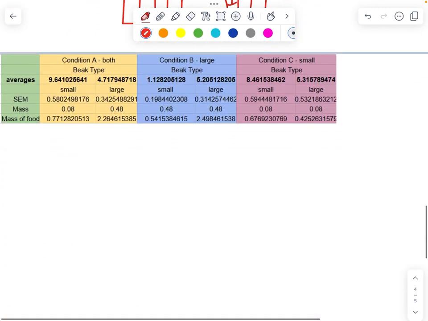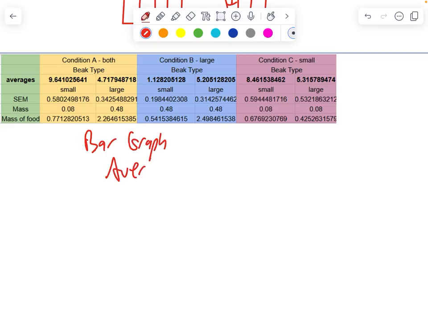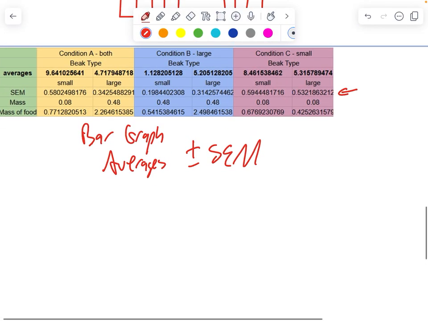Let me go through an example with you. You want to do a bar graph, and we're graphing the averages with plus or minus SEM. The SEM is this line right here. And again, you do want a key.